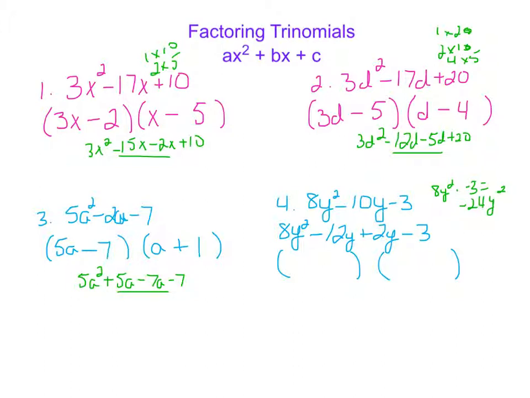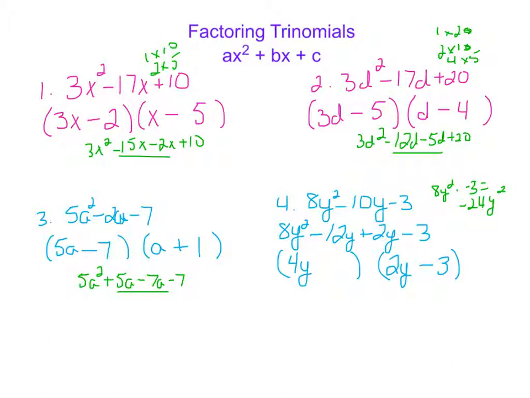Now I need to factor 8y squared, and I have a 3, and when I multiply I want to get 12y. So to get 12y from 8y squared and negative 3 would be 4y times negative 3. So that tells me my other option, the second parenthesis, has to be a 2y, because when I multiply I need to get 8.